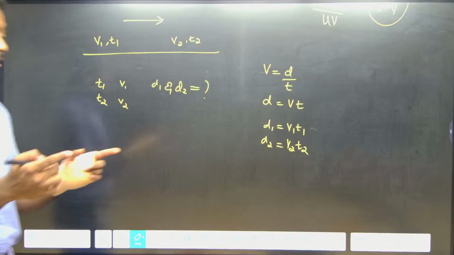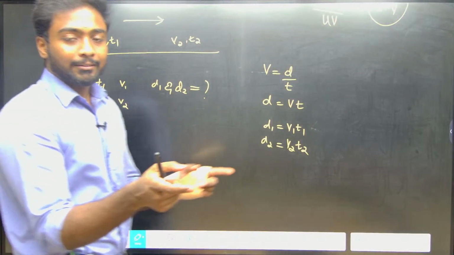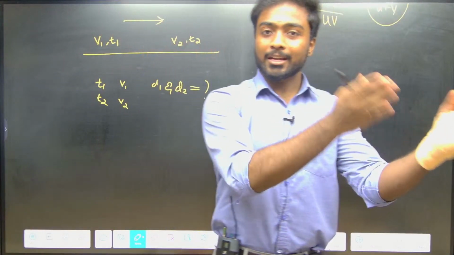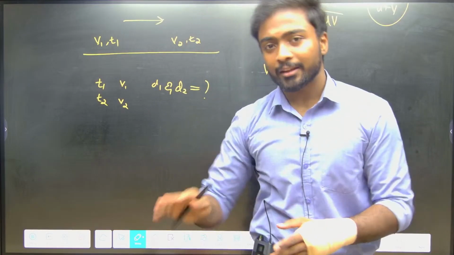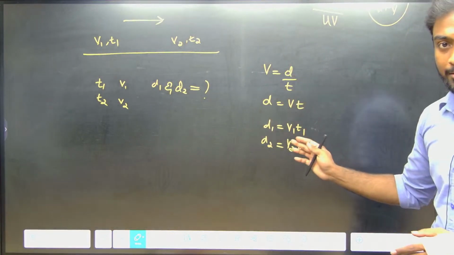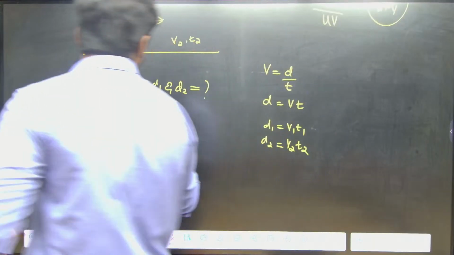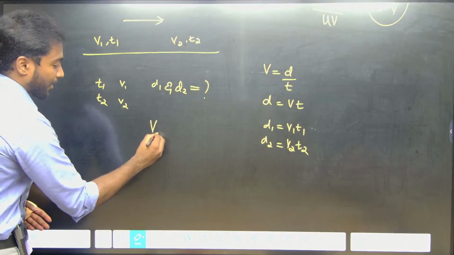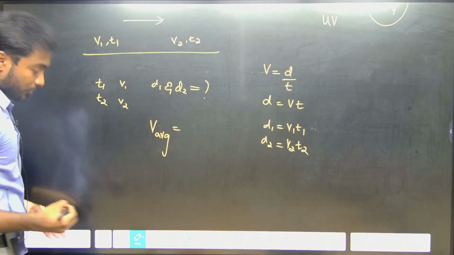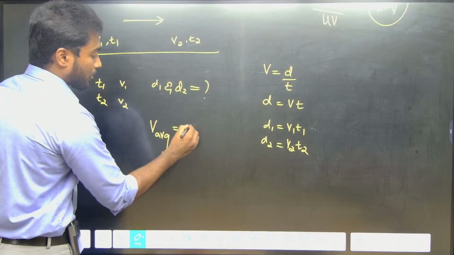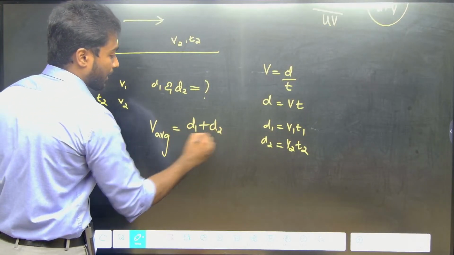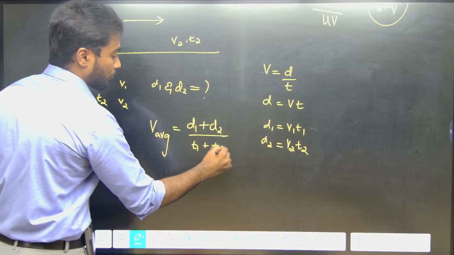Correct? No. When two terms are known, I will take the unknown to the next term, either left hand side or right hand side, and keep the known terms on the other side, right. So what I will do here, V average will be equals to d1 plus d2 by t1 plus t2.